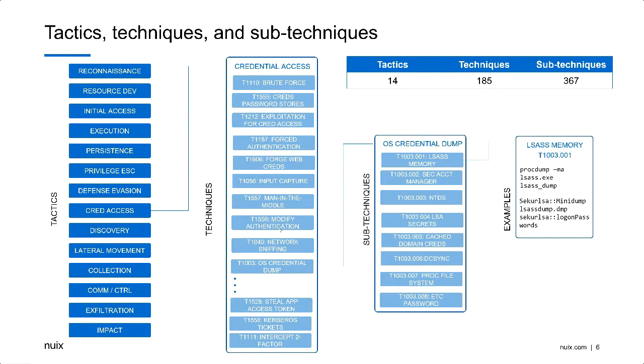So if you pull the thread on credential access here, where the bad guy is attempting to get access to usernames and passwords, or other credentials that are used in authentication processes, you can see all of the different broad methods to do that.